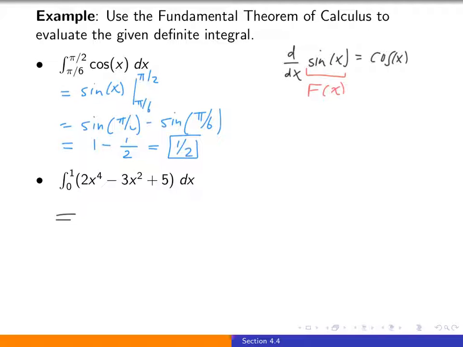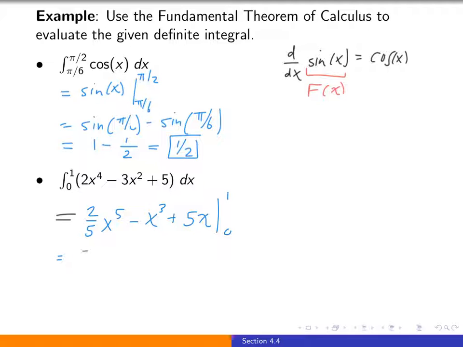So this becomes 2/5 x to the 5th. Minus 3x squared. So 2 plus 1 is 3. So that would be minus 3 over 3, which is just a 1, x cubed, plus the antiderivative of a constant is just that constant x. And we evaluate from 0 to 1.